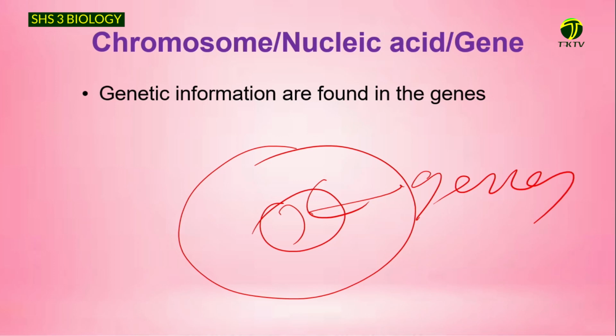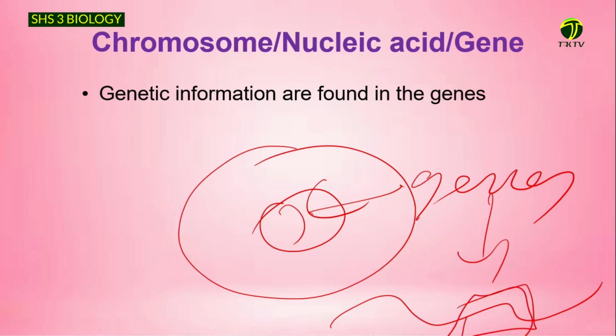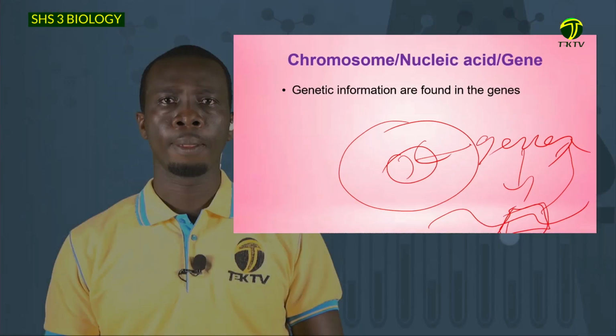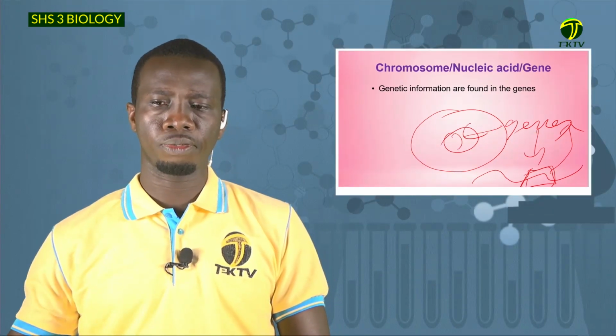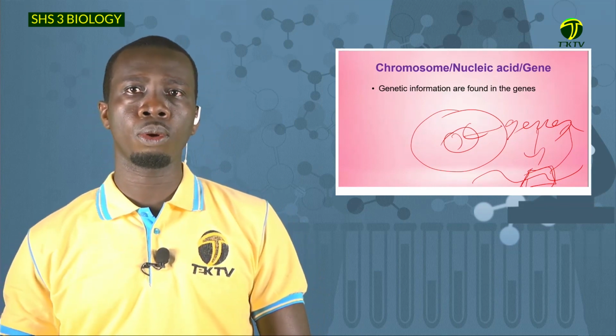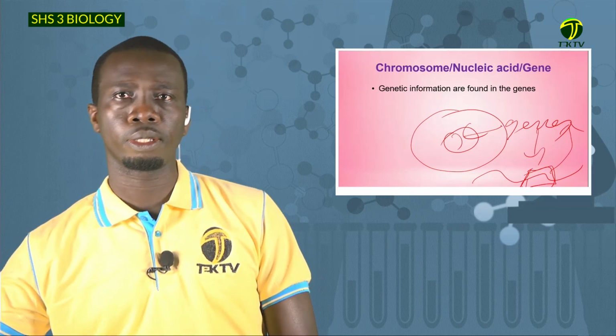Then what is a gene? Then we come to the nucleic acid. So if I have this as my nucleic acid, for instance, then any portion of this nucleic acid qualifies to be called a gene. So it means that the nucleic acid that we are studying today is made up of specific portions which we can call a gene or genes.